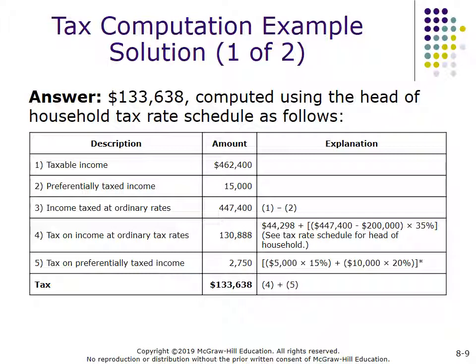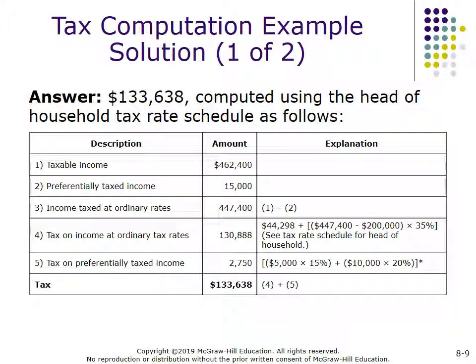Okay. Because her income is above $452,500. Okay. And this is on page 7-10. The part of her income, $447,400, that would take her up to $452,500.